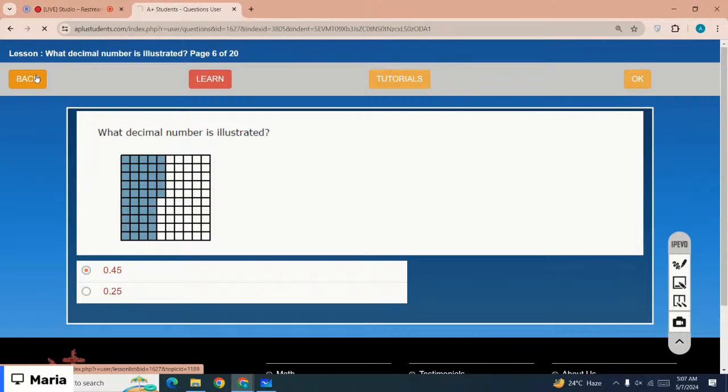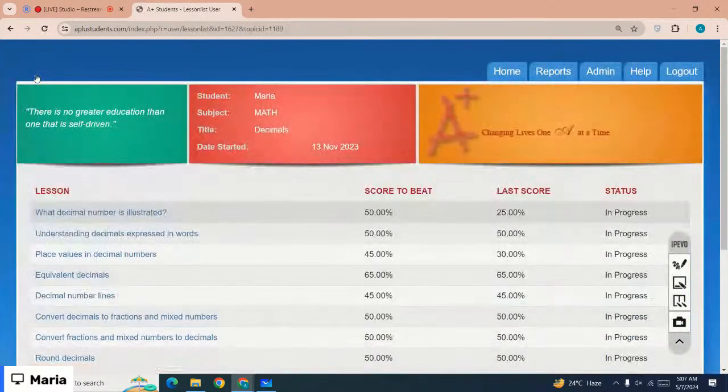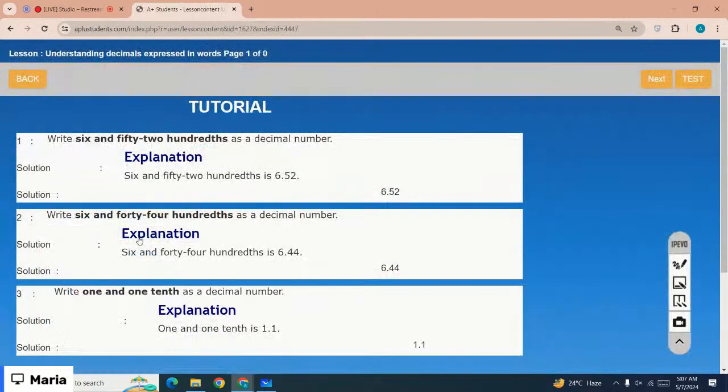And the next lesson is understanding decimals expressed in words. Let's just start with the lesson. Okay, write 6 and 52 hundredths.